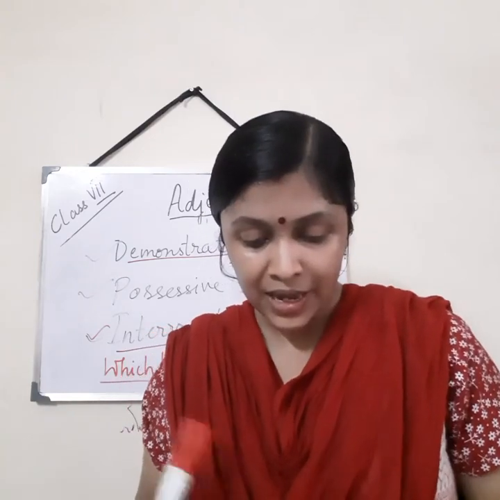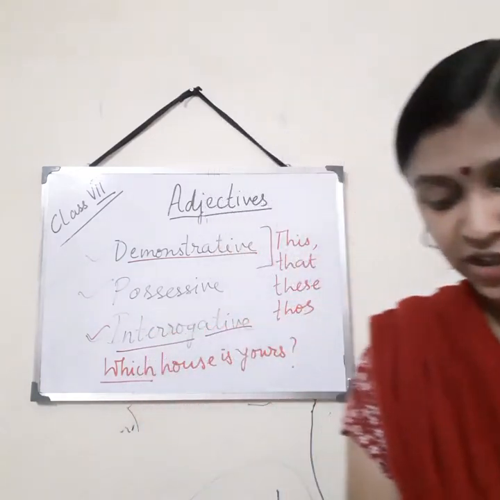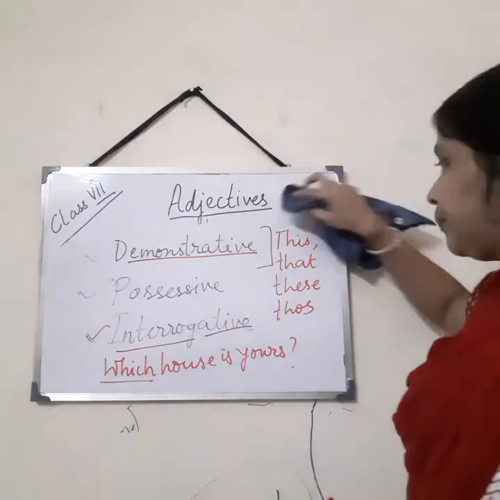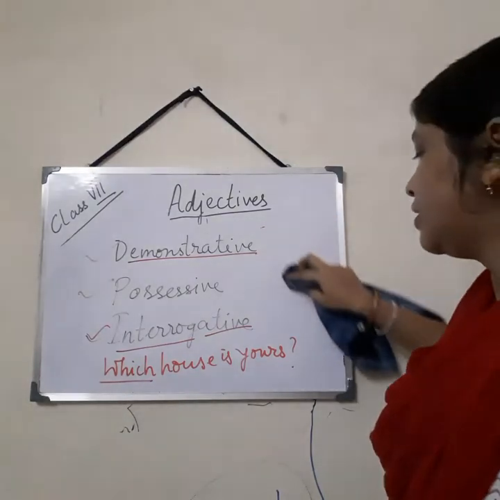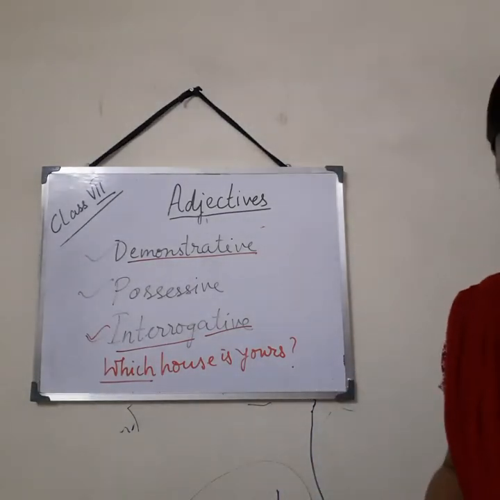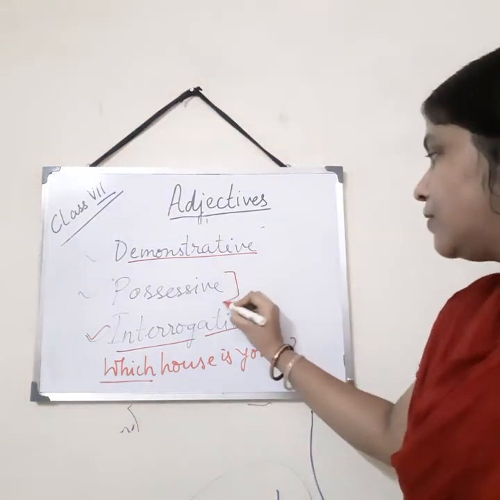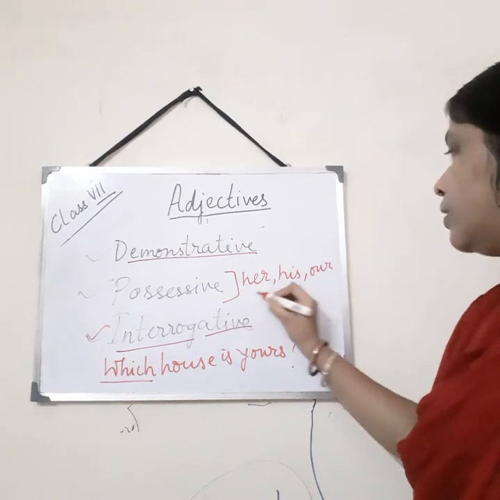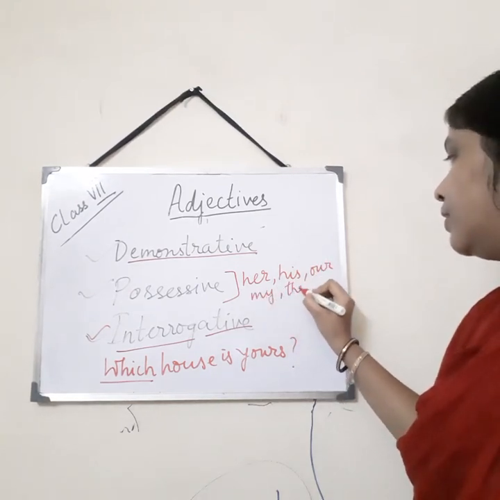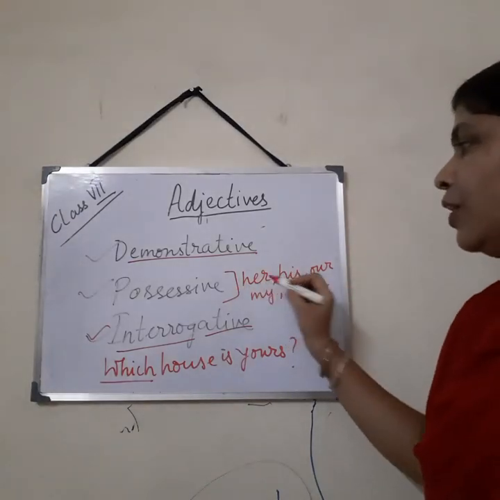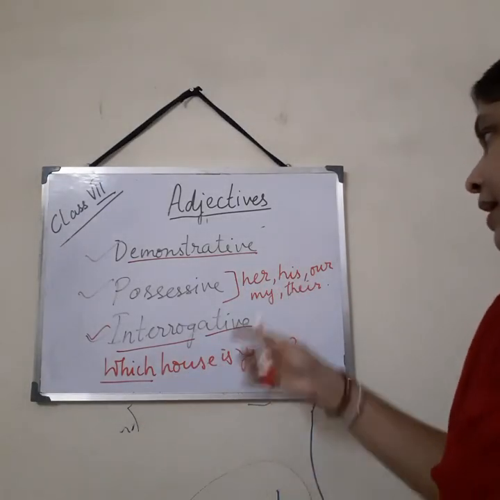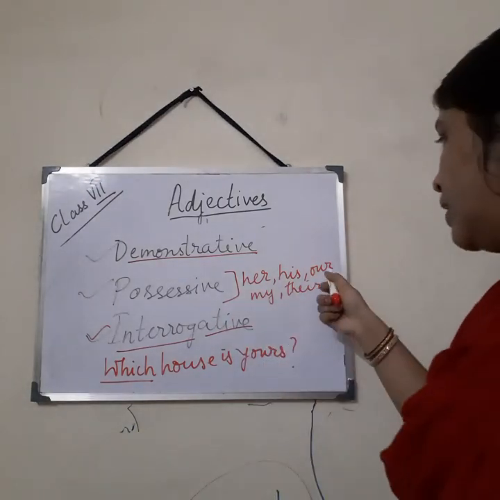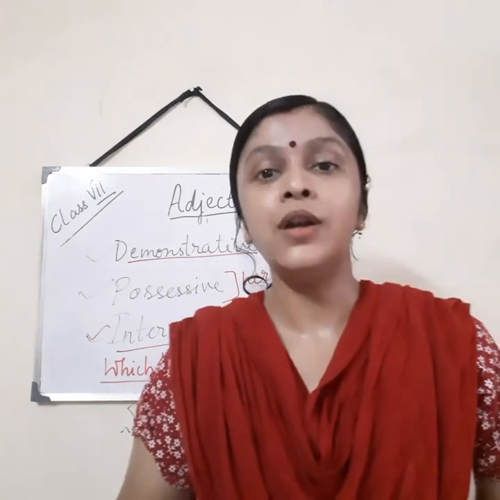Okay, and the next type which is mentioned is possessive adjective. So possessive adjective is somewhat similar to the possessive pronouns, but possessive adjectives are placed in front of the noun, and the possessive adjectives are her, his, our, mine, their, etc. Okay, so it is her class, that is his house, don't go to our park.